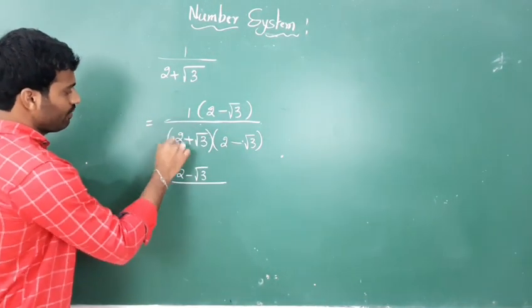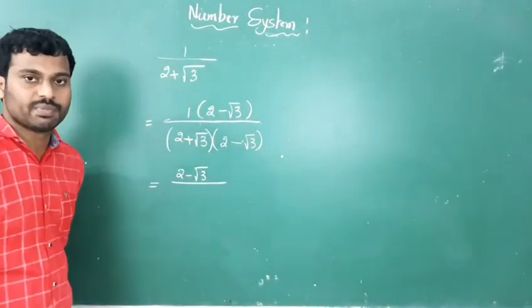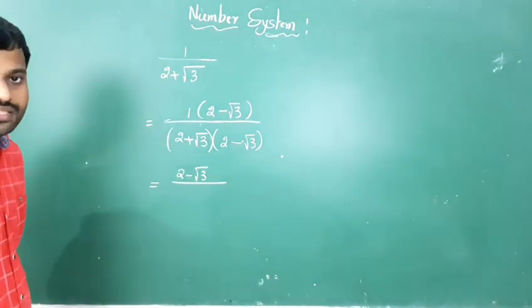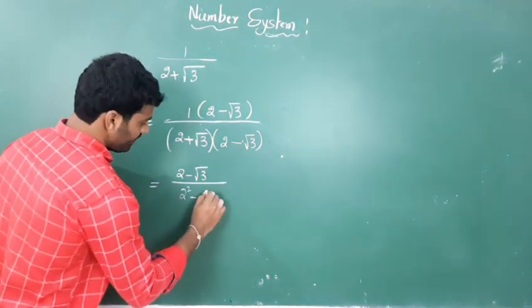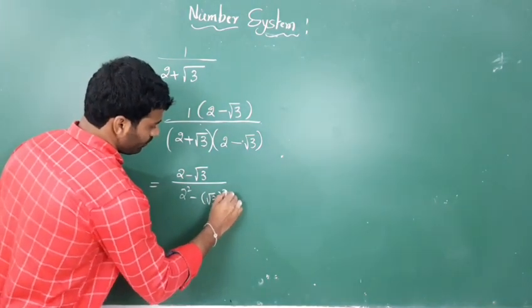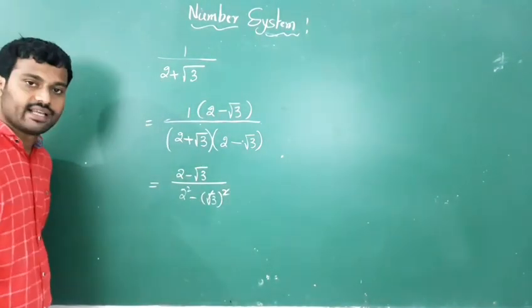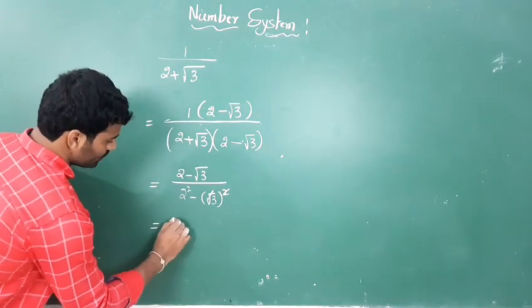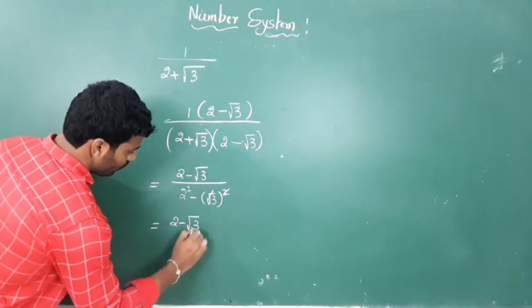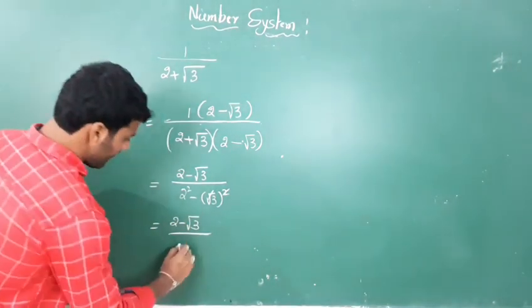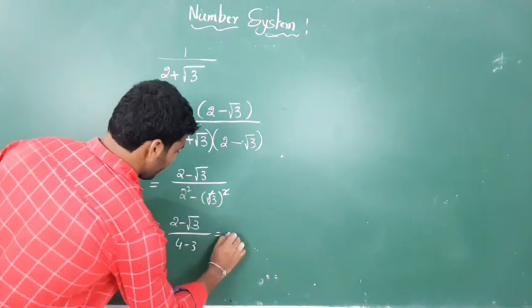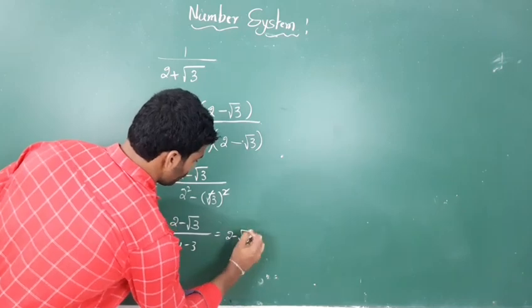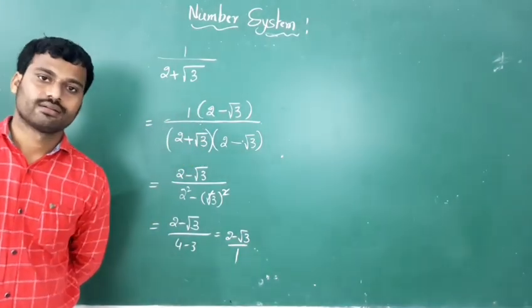Just look at the denominator: (a plus b) into (a minus b) identity is a square minus b square. A is 2, so 2 square minus root 3 whole square. The square and square get cancelled here. So the numerator is 2 minus root 3 as it is, and the denominator is 4 minus 3. So this answer is 2 minus root 3 divided by 1.